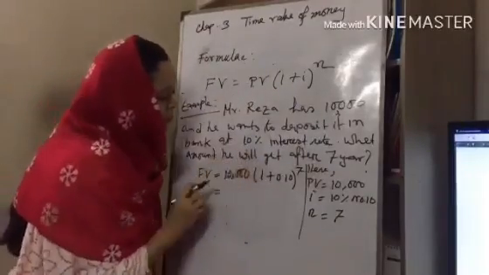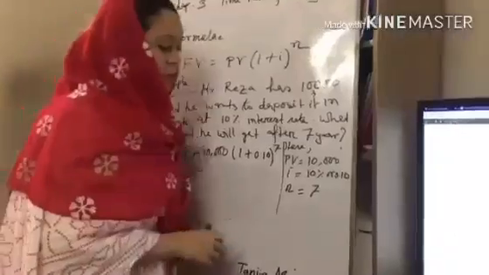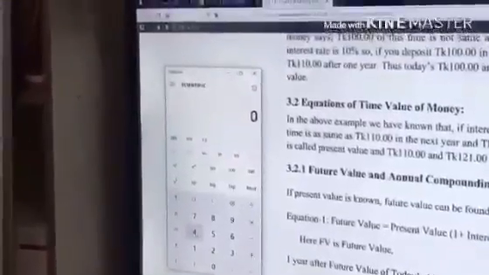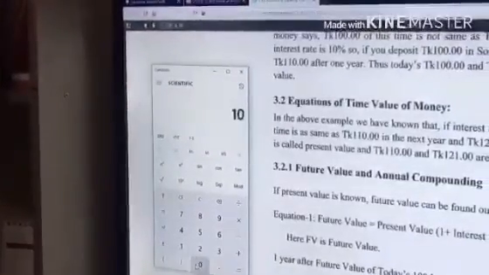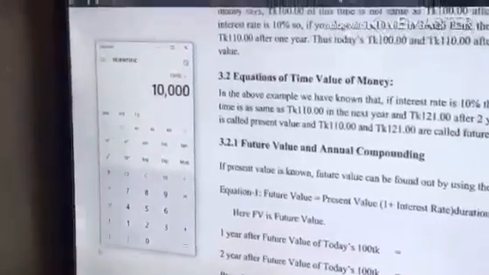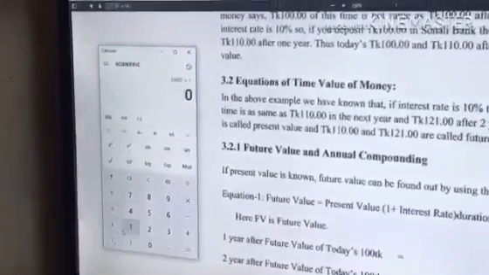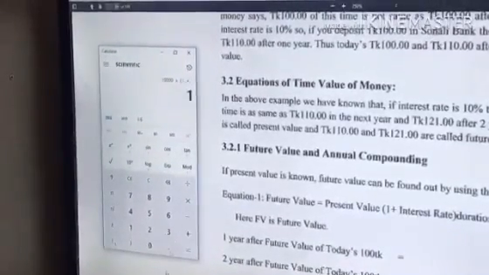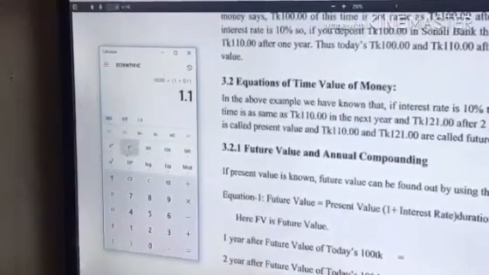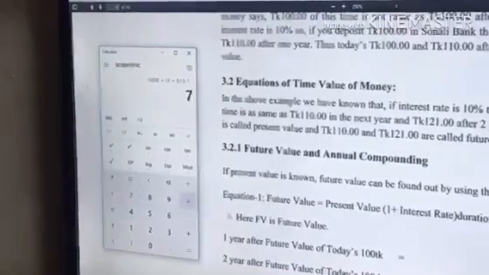Now I put all this information, and the calculation is here: 10,000 multiply bracket 1 plus 0.10 bracket close and to the power 7.